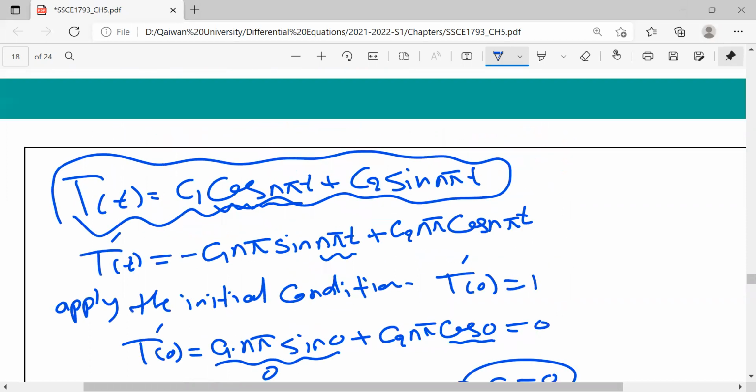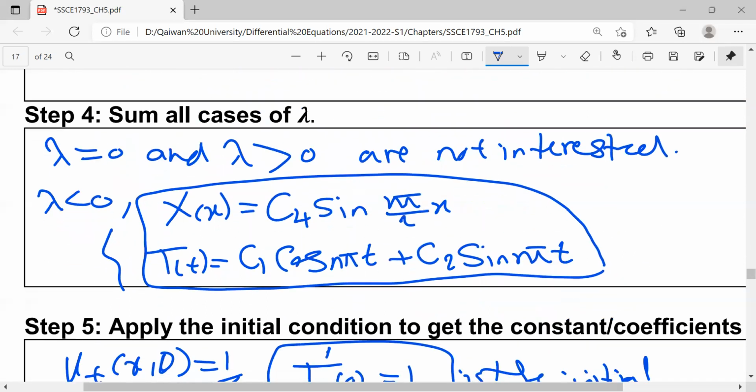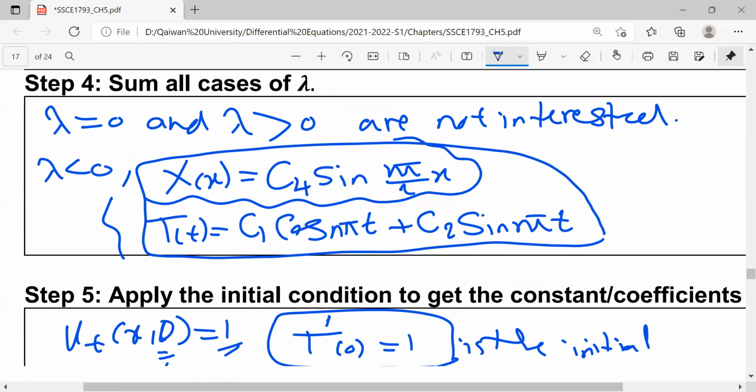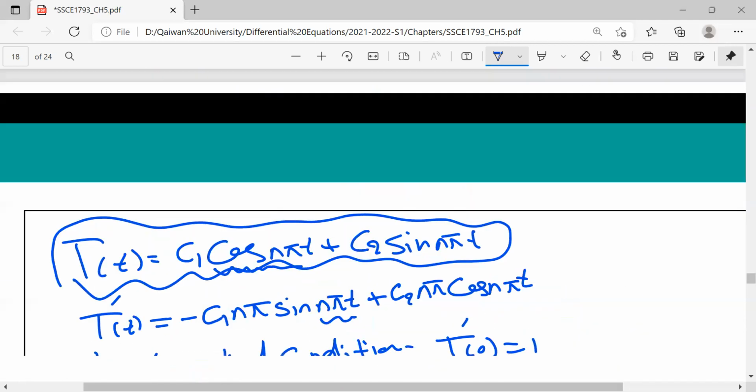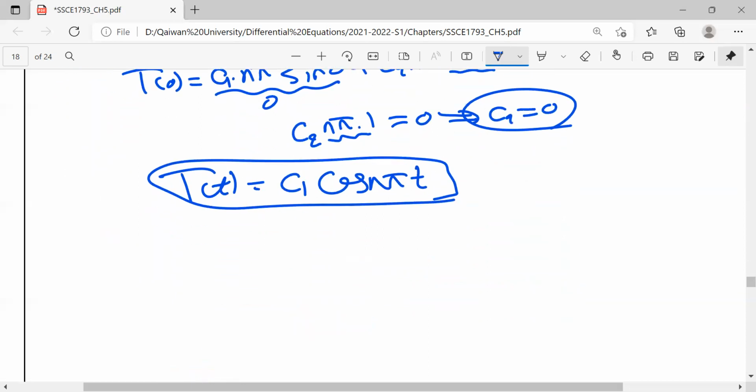And previously we found X of x, which is C4 sine n pi over 2 x. We say u of x, t equals X of x times T of t. We let this be at the beginning.